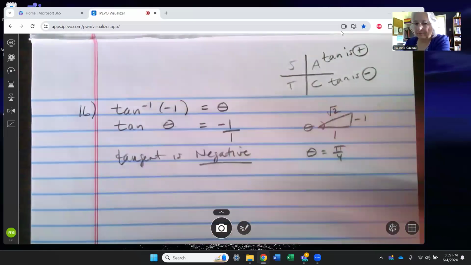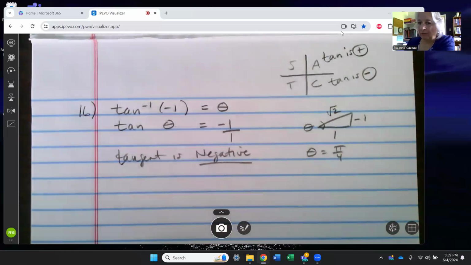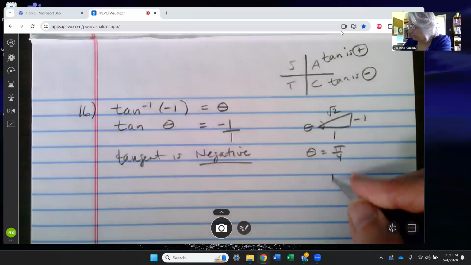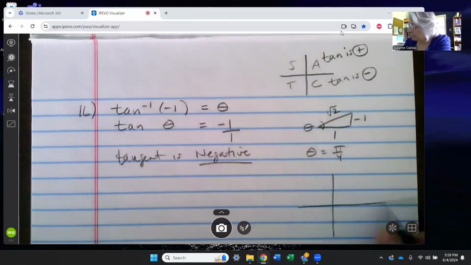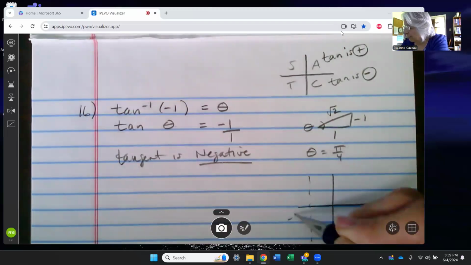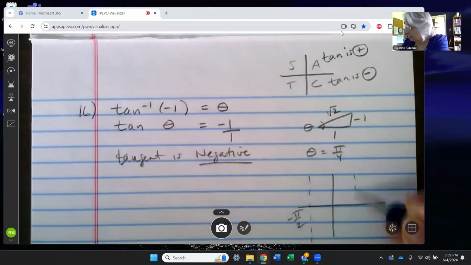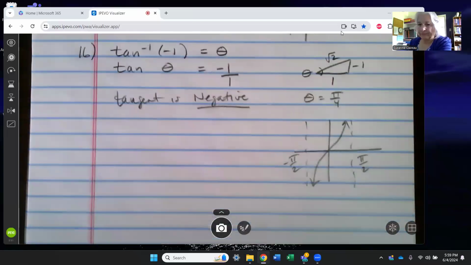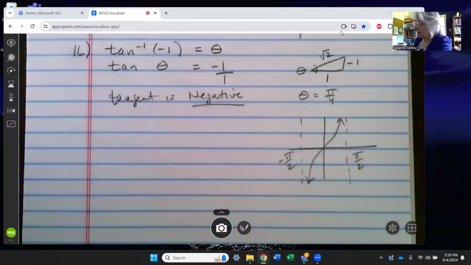Inverse tan, the principal cycle of the inverse tan, let me just remind you, we've got -pi/2 and pi/2, right? This is what tangent looks like. And when you switch it, the domain and the range get swapped.